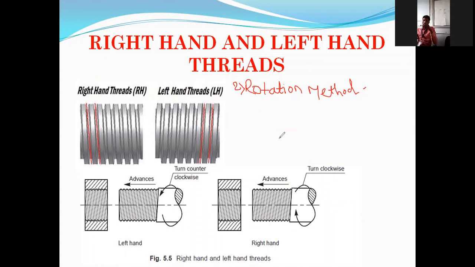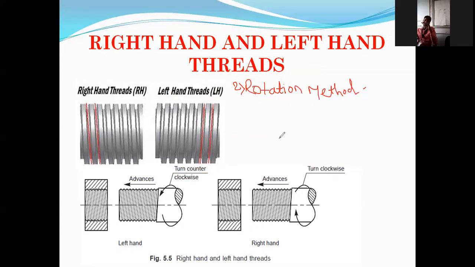So suppose here rotation method. Suppose once you are going to put nut and bolt just in assembly position, you have to rotate either nut or bolt. One you have to make stationary and other you have to rotate.